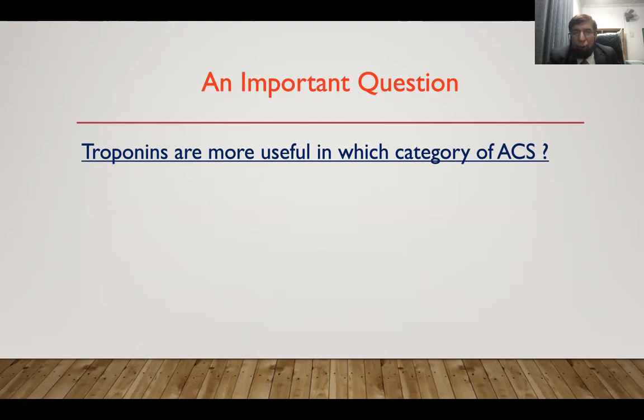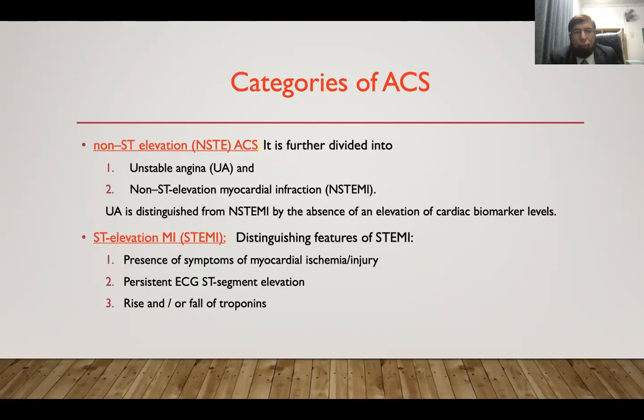Yes, most of you are right. It is non-STEMI. Why is troponin more useful in non-STEMI? Because, I will go again to the previous slide, in STEMI there are a lot of ECG changes. There is a persistent ST elevation.